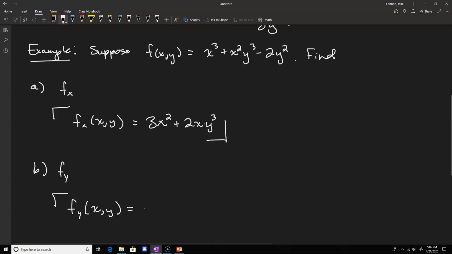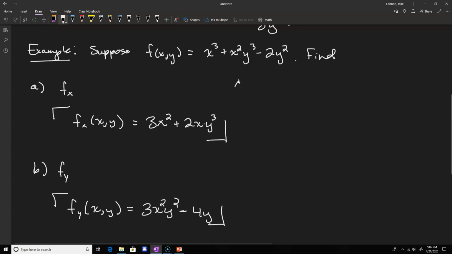Now the first term doesn't have any y's in it, so the derivative of x cubed with respect to y is going to be 0. When we're looking at the middle term, x squared y cubed, we just want to think about taking the derivative of y cubed, which would be 3y squared. So we would get 3x squared y squared, just leaving the x squared alone. And then the derivative of y squared would be 2y, so the derivative of minus 2y squared would be minus 4y. And those are your two derivatives.